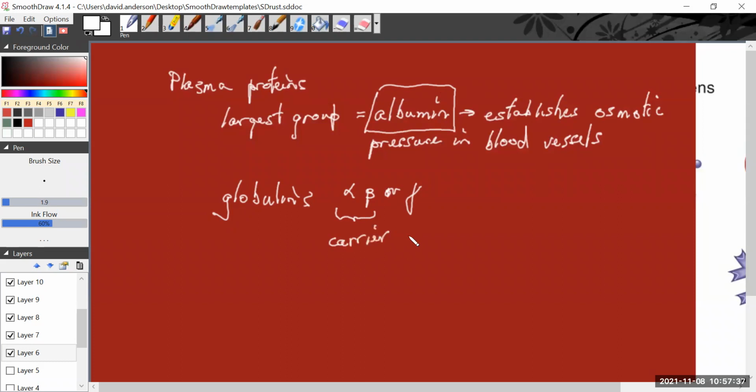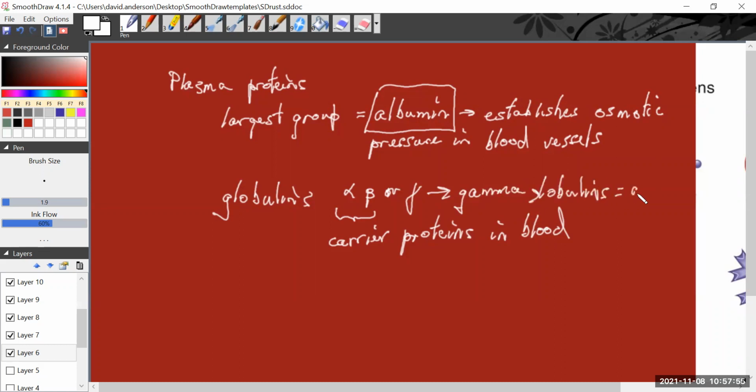They have many roles, but carrier proteins in the blood. The gamma globulins are known as antibodies.